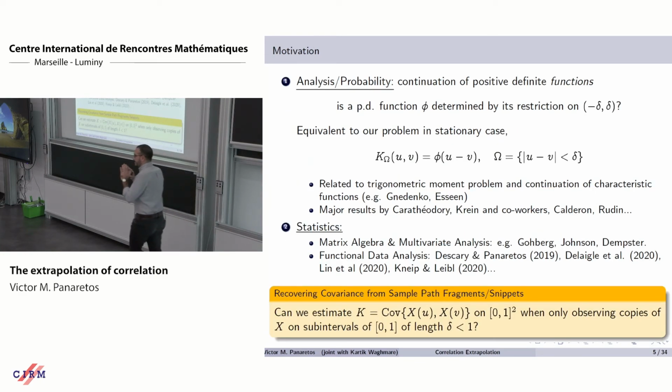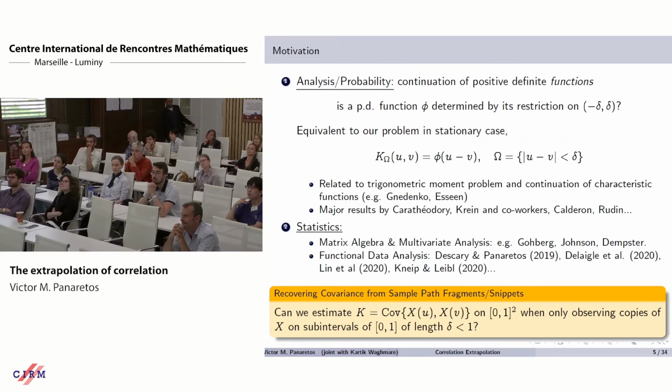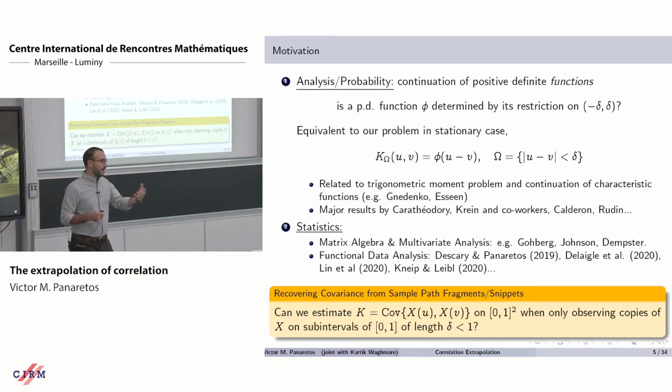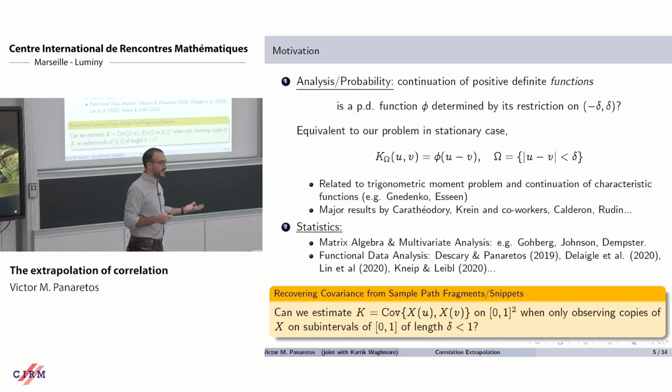So, as most of you are thinking, surely this problem has been solved in 1926, and it has been in special cases. Okay, this is a very classical problem. You can imagine that because positive definite functions are ubiquitous in math, there are connections with probability, with analysis, and possibly beyond.